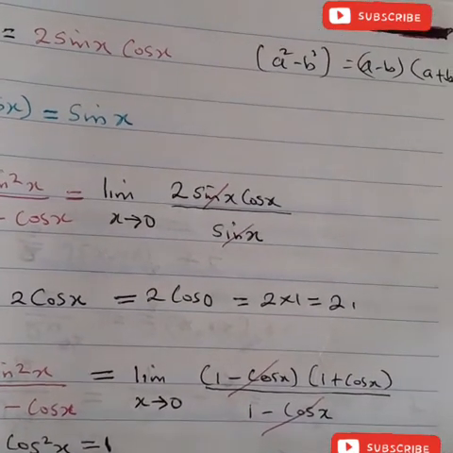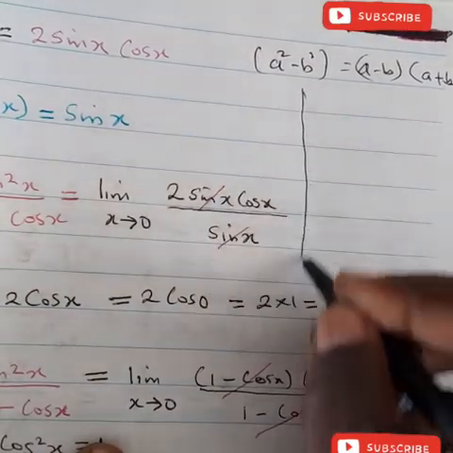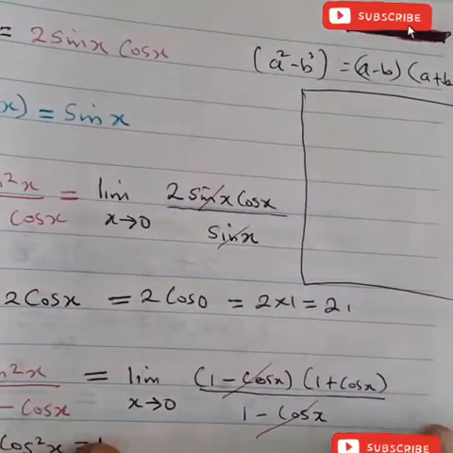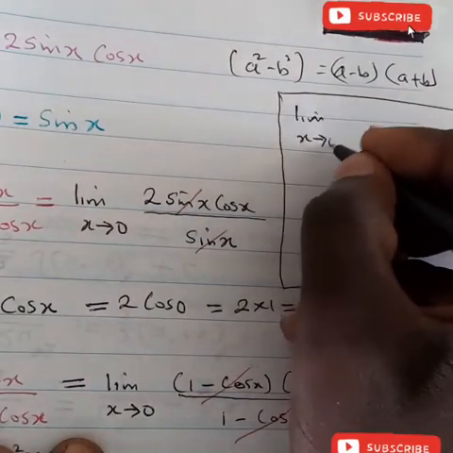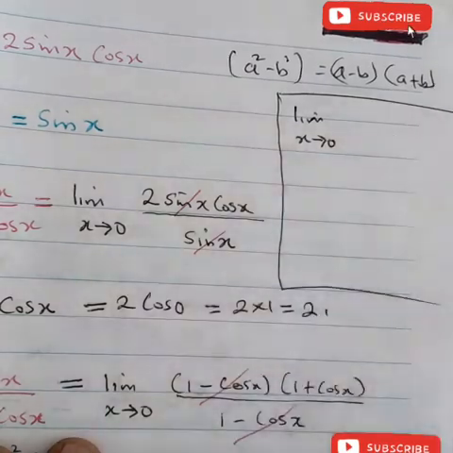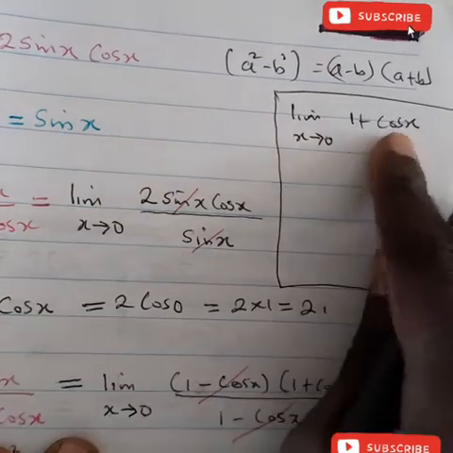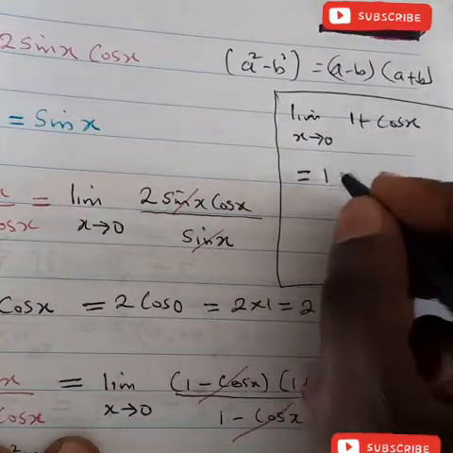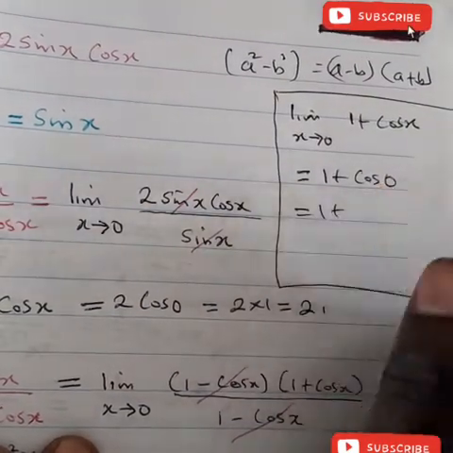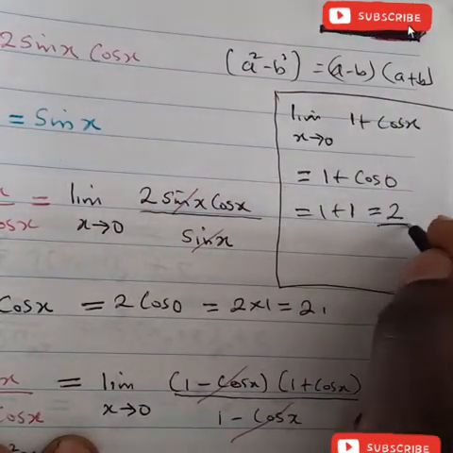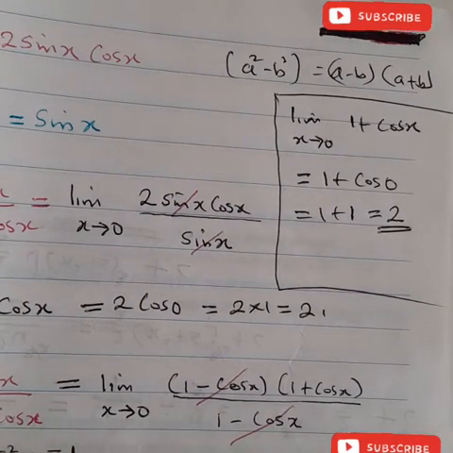We'll be left with the limit as x tends to 0 of 1 plus cos x. So we can now substitute. That's going to give us 1 plus cos 0, which is 1 plus 1, which is equal to 2, the same result as we had in the previous case.